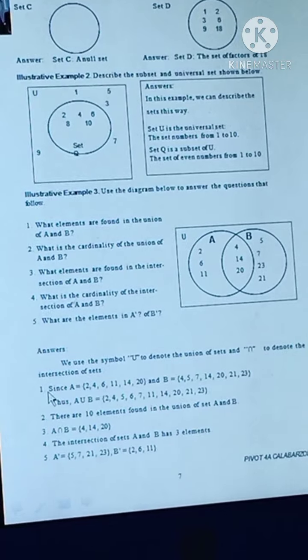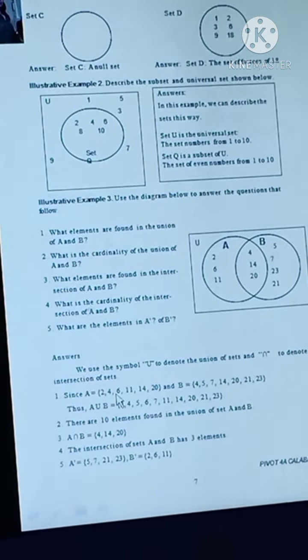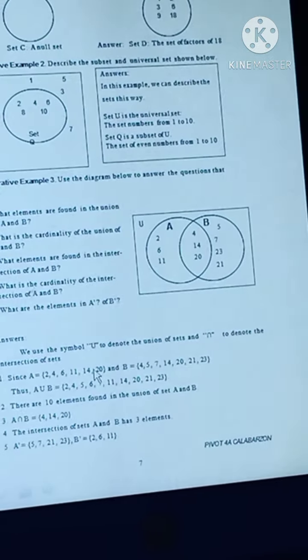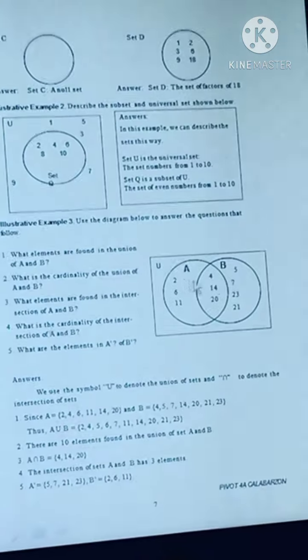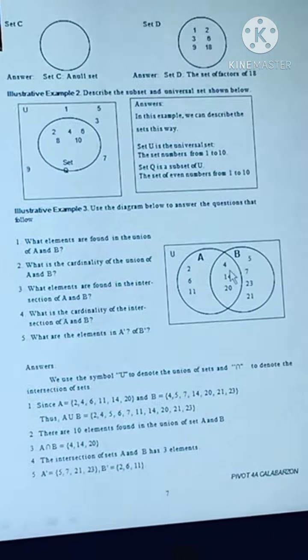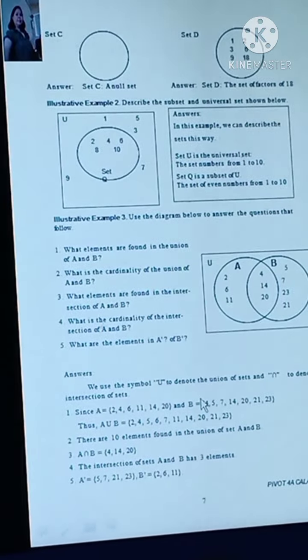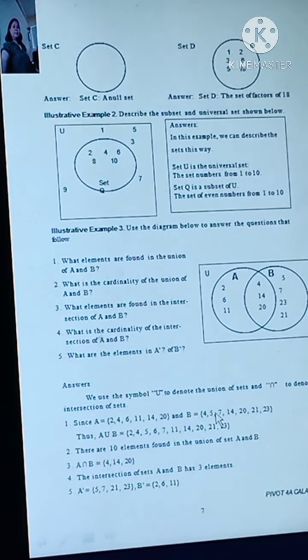Okay na. So, number 1, since A is equal to 2, 4, 6, 11, 14, and 20. So, where did it come from? Here, inside the set A, you will have 2, 4, 6, 11, 14, and 20. And then the B, of course, don't forget to write the bracket and close with the bracket every elements.